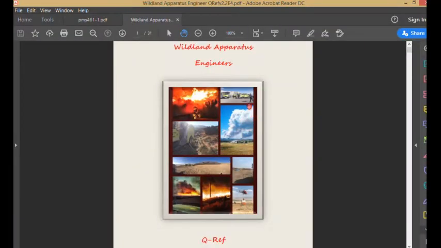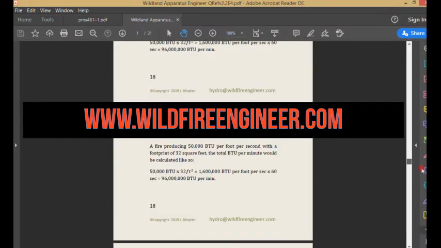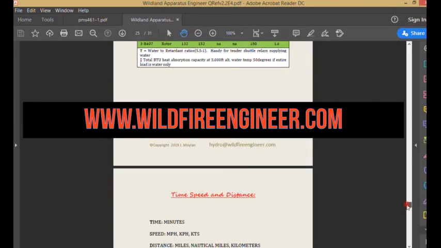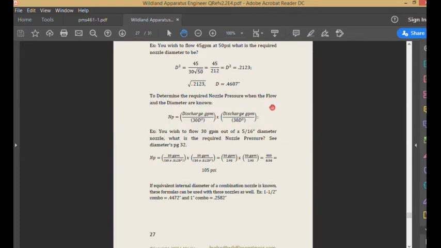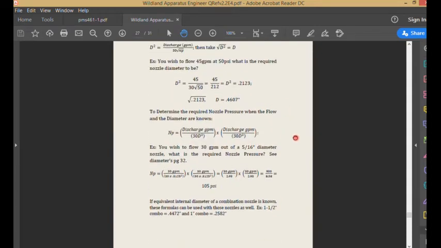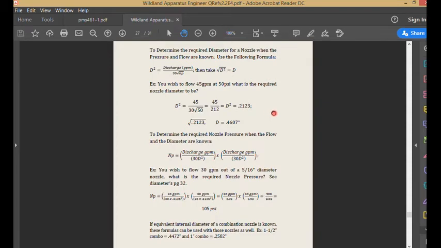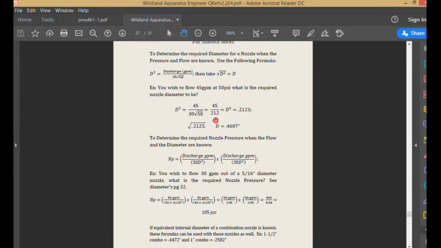So, as far as the accuracy in the Firestream calculator is concerned, if you were to go to the website wildfireengineer.com and scroll down to where page 26, 27 is, you could use the tried and true and proven actual formulas and calculate it out by pencil, paper, and calculator.